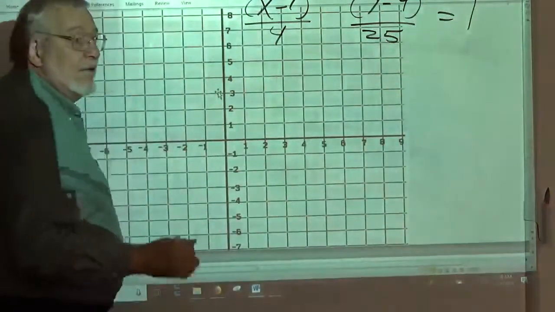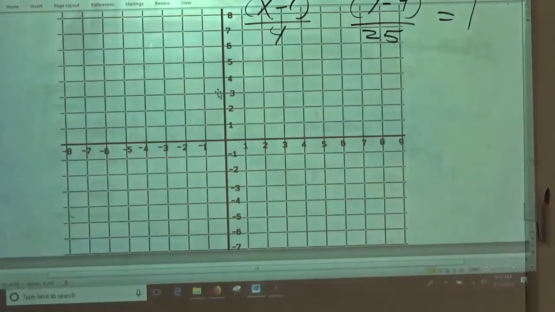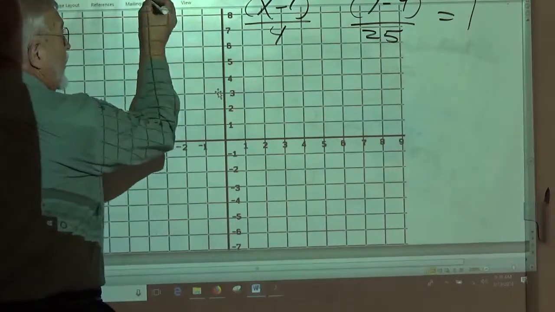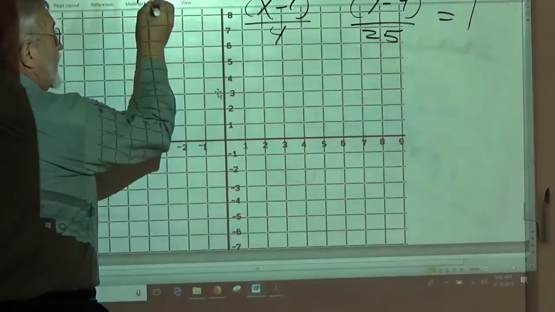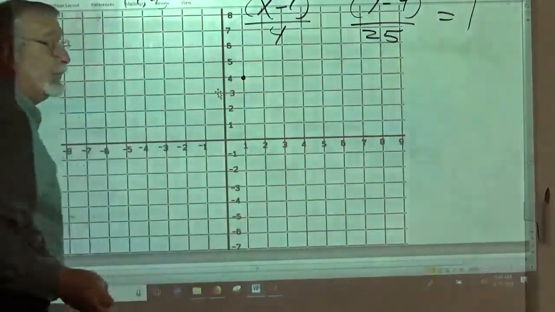All right, this is either an ellipse or a hyperbola. All right, and what we first have to do is figure out where's the center. All right, the center is at the opposite of those numbers. So the center is going to be at 1, 4. All right, 1, 4, that's that location.